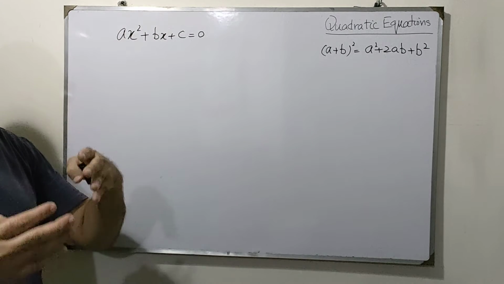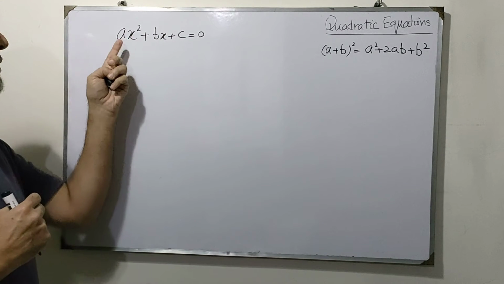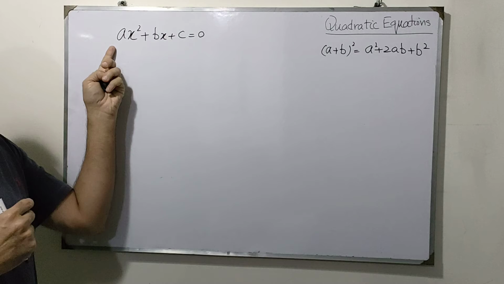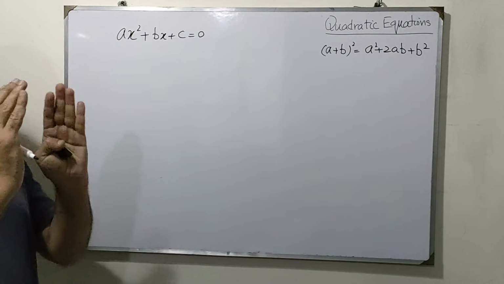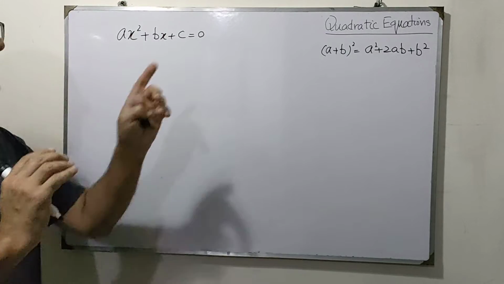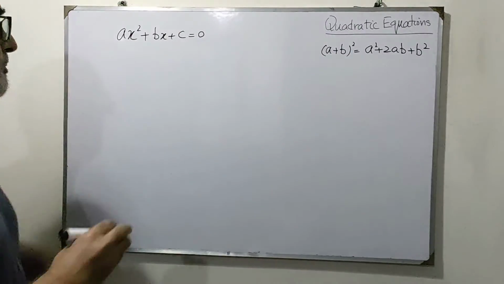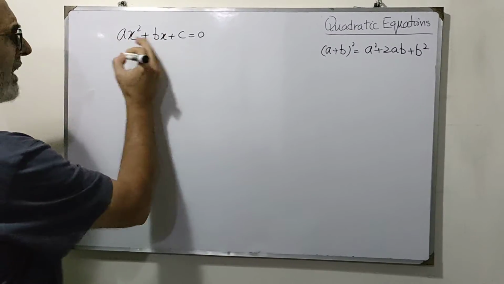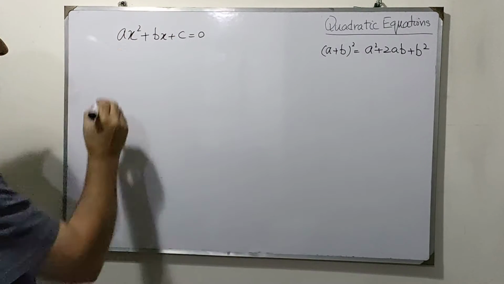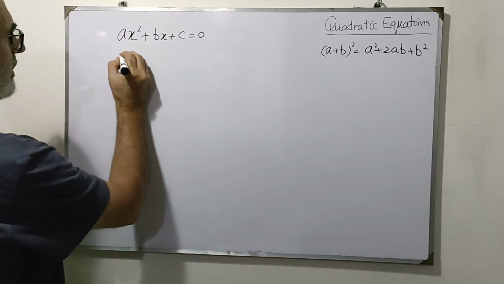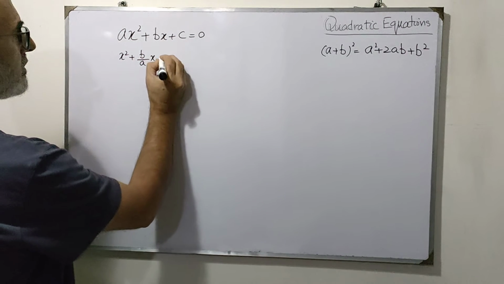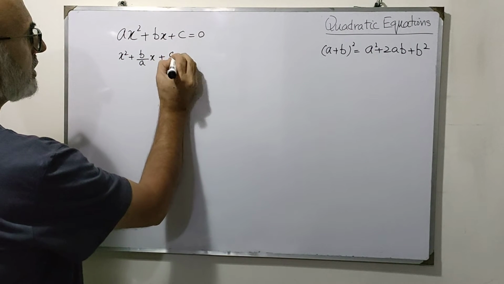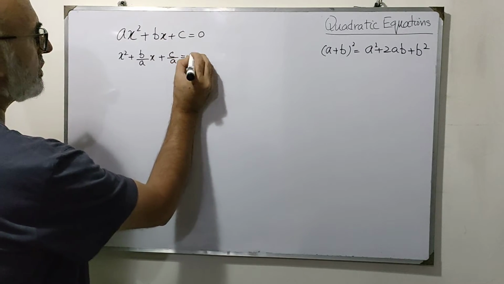So I need x square here. But with this x square I have a coefficient as well. So first I have to remove this coefficient so that I have only x square left. Dividing all the terms by a, I'm left with x square plus b over a x plus c over a is equal to 0.